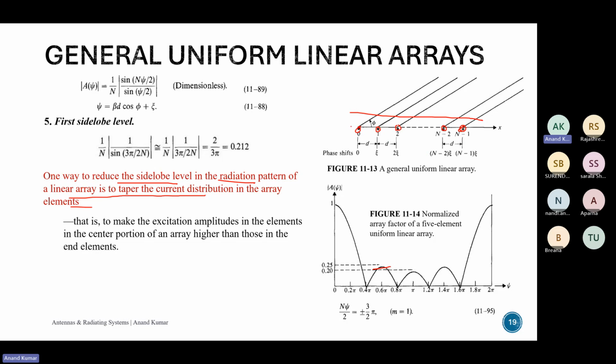But what we can do is taper the amount of current in the linear array. So the first element has less current than the second element, and so on. It means the array element at the center has the highest current, and then again the current magnitude starts reducing towards the end of the array. If this kind of current distribution follows along the array elements, the magnitude of the side lobe level would reduce.